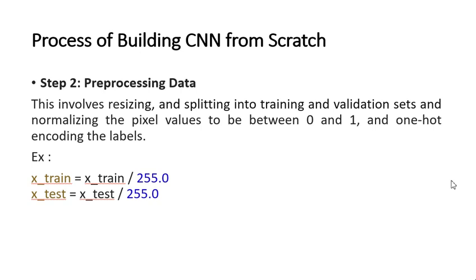To pre-process the data, we need to perform some operations like resizing and splitting into training and validation sets. So you have to perform these different kinds of operations on the data set. We have to divide the data into training, validation and testing separate folders, in different ratios.